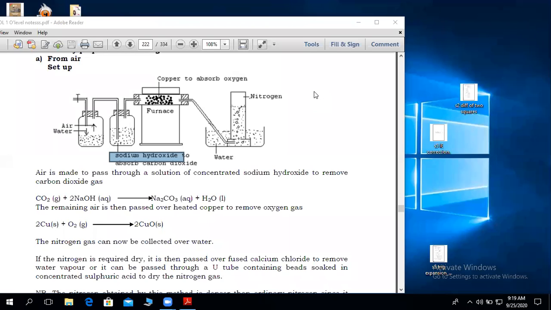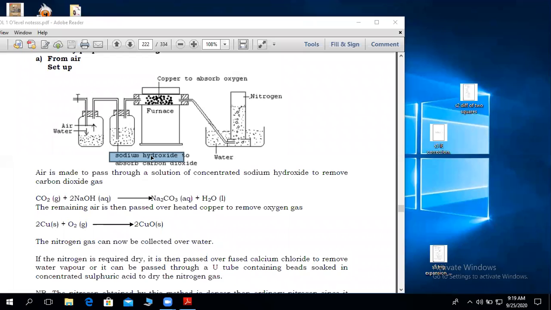Those are some of the substances that absorb carbon dioxide. So if we don't use sodium hydroxide, we can use potassium hydroxide or calcium hydroxide.